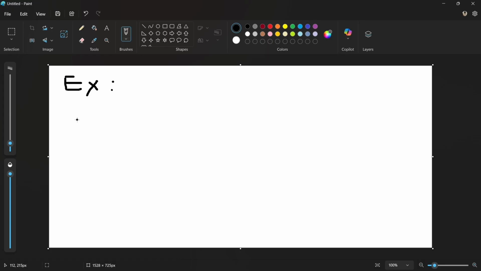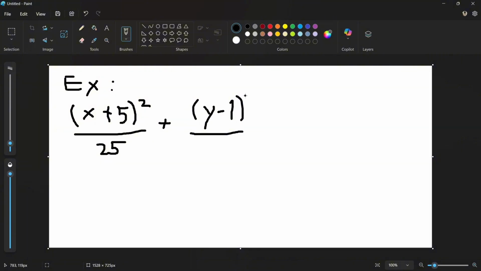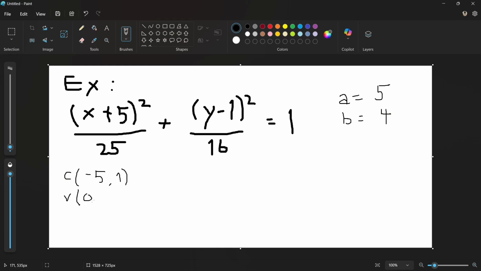So let's have an example. (x plus 5) squared over 25 plus (y minus 1) squared over 16 equals 1. A will be 5, B will be 4. Center is negative 5 comma 1. Vertices will be 0 comma 1 and negative 10 comma 1.